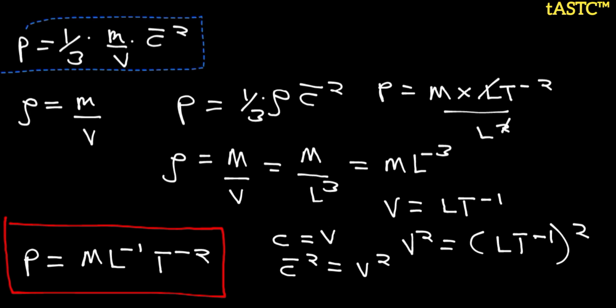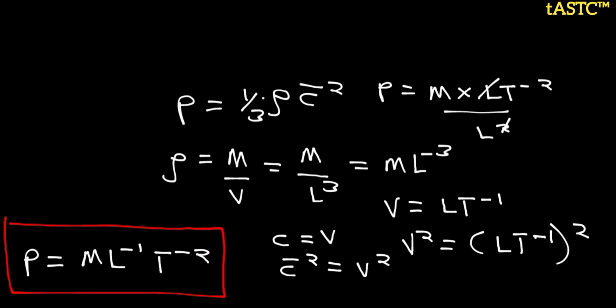So let us take this out. Here we find that V squared, which is the same thing as C bar squared, is equal to L squared multiplied by T raised to the power of -2, if we expand this bracket with the power. Now we have rho multiplied by C bar squared.